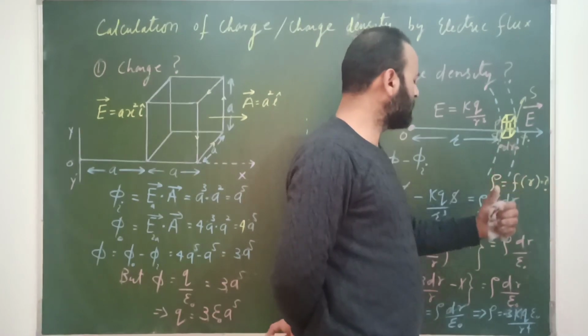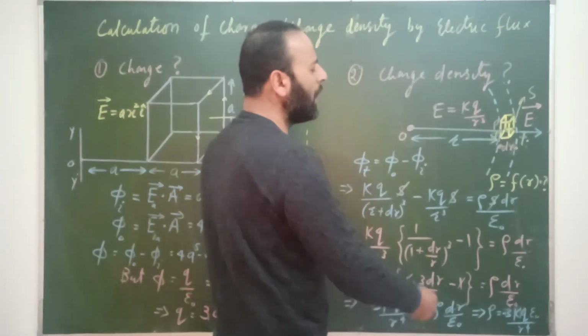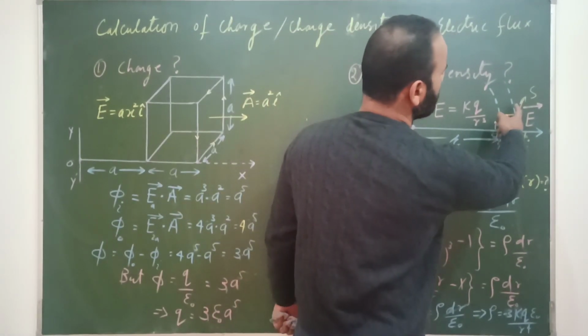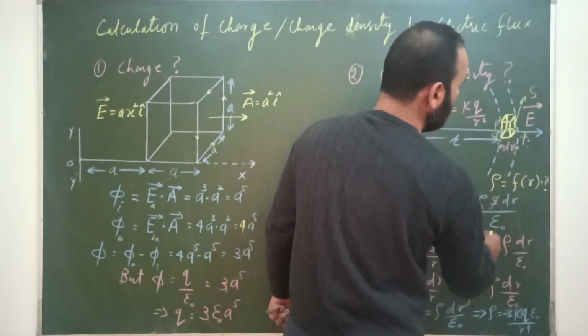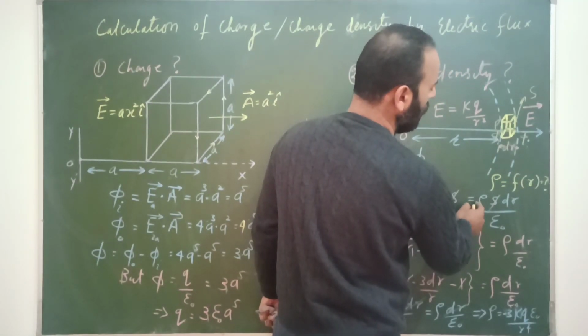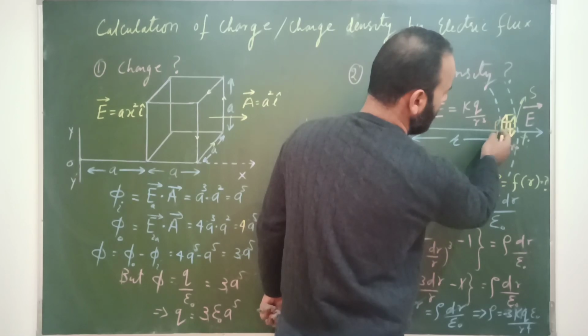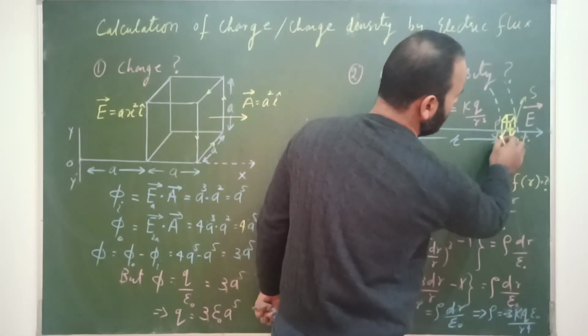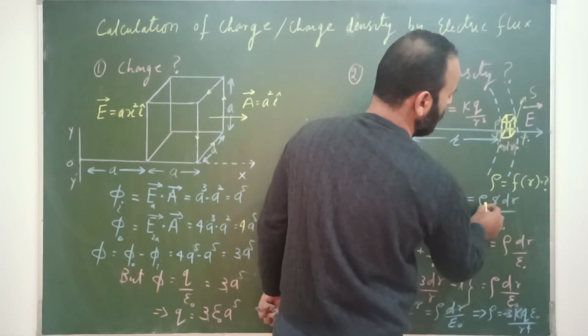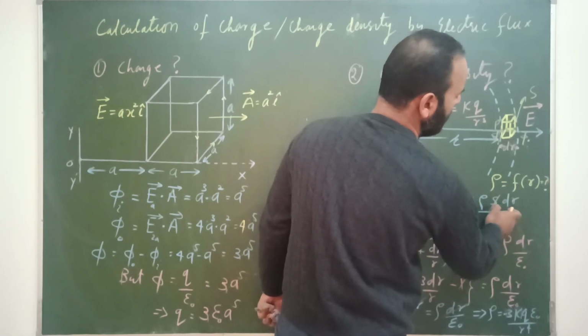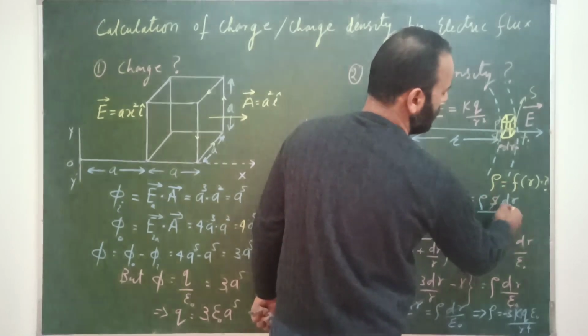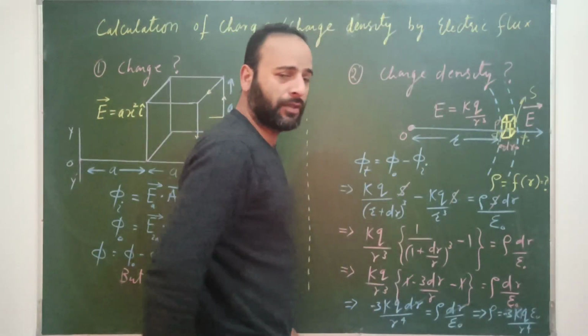Suppose rho is the charge density, then the charge enclosed in this small region is rho times S, the surface area of this surface, times the thickness dr. So it is volume charge density times volume, that is the charge enclosed, divided by epsilon naught.